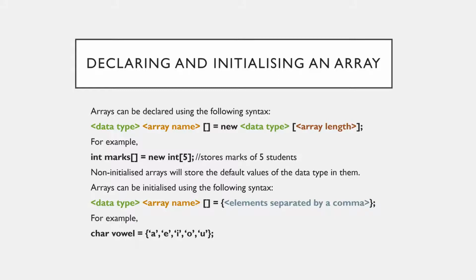If it was a double data type, all the elements of the array would hold 0.0, that is the default value of the double data type. Make sure you research the default values of different data types to know what goes inside a non-initialized array.